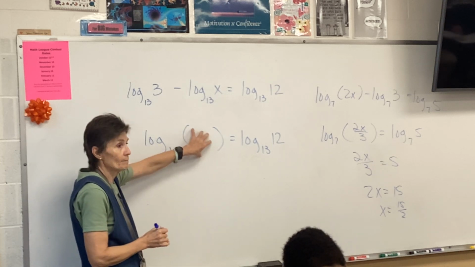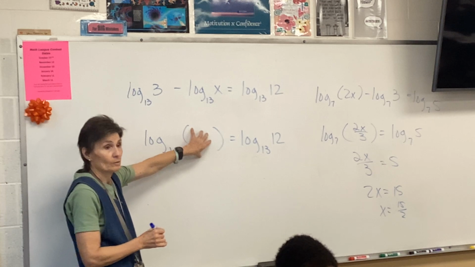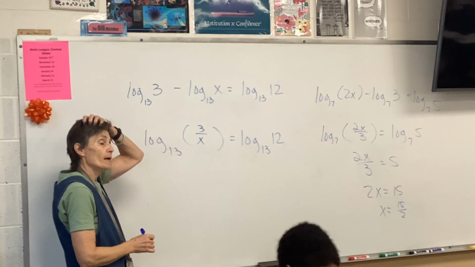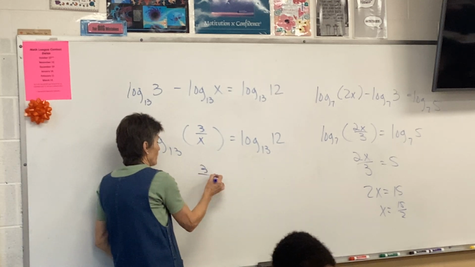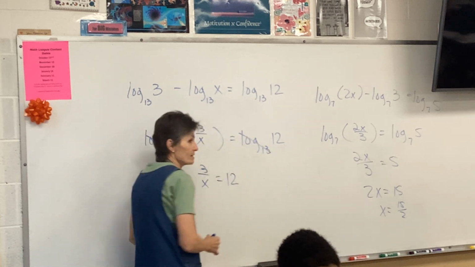What did you put in here? 3 over x? And then what did you do? 3 over x equals 12, because these were exactly the same.